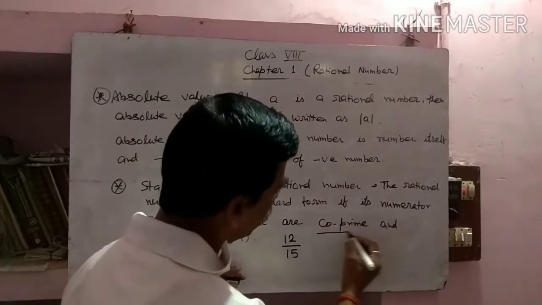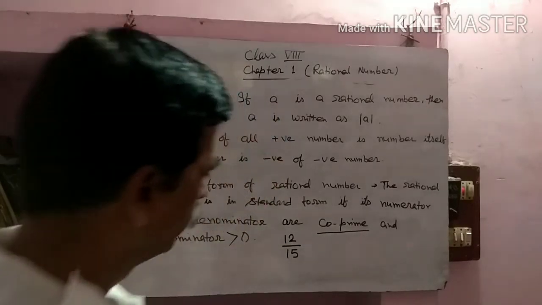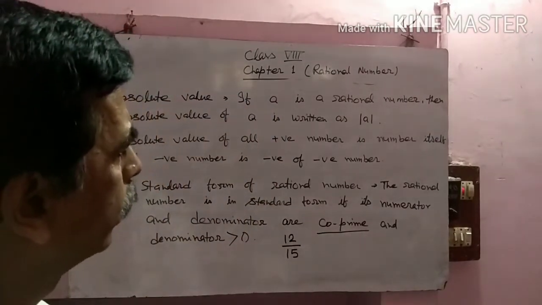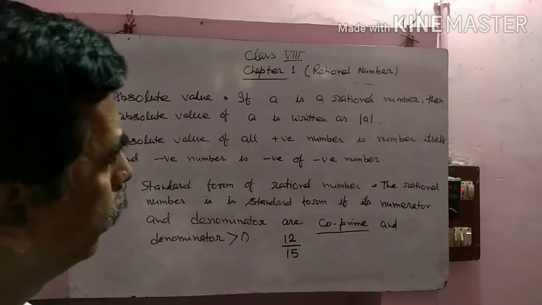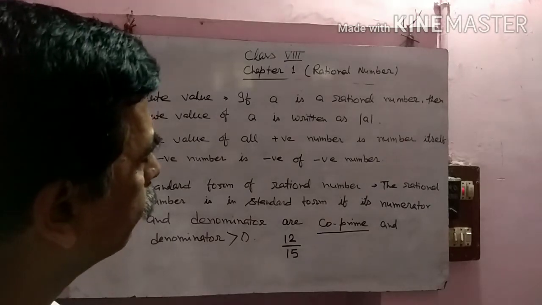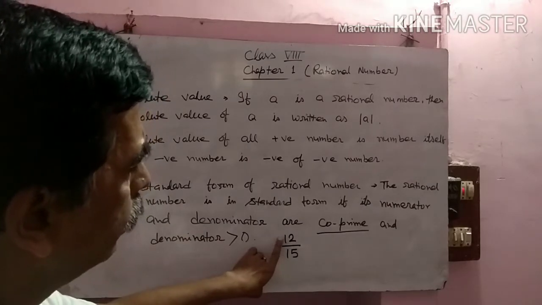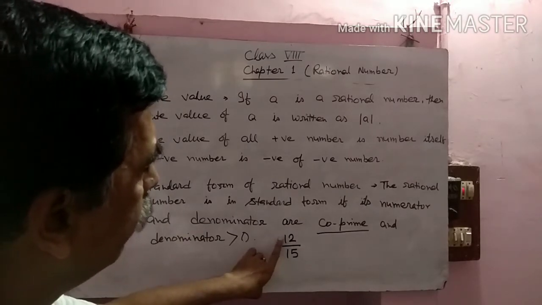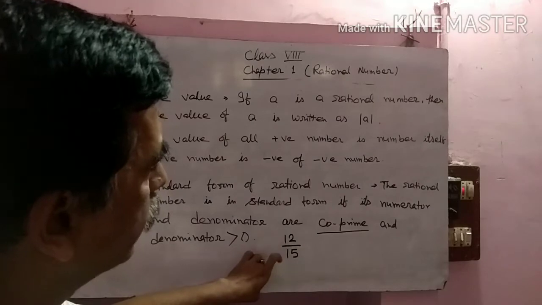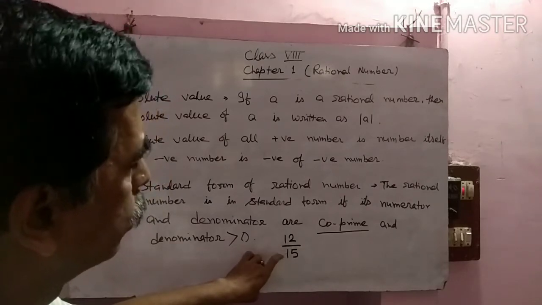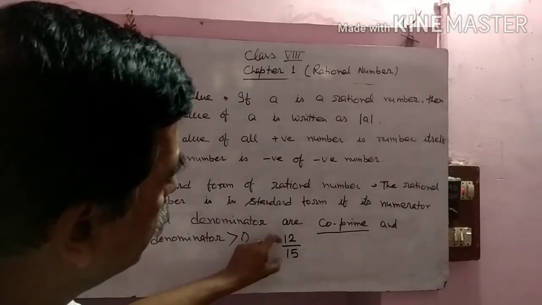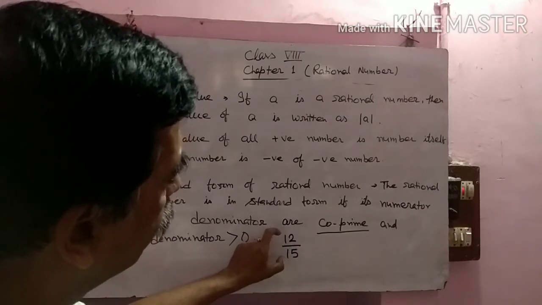Two numbers are co-prime if they have one and only one common factor, which is 1. Here the common factors of 12 and 15 are 1 as well as 3. So these two numbers are not co-prime.